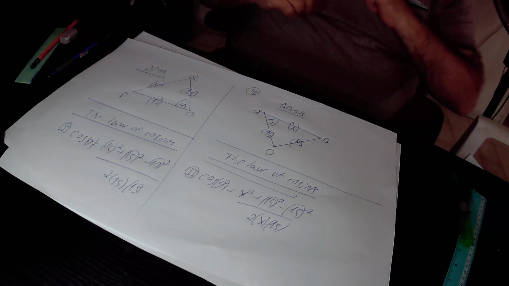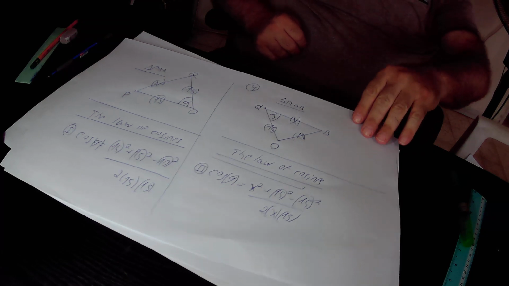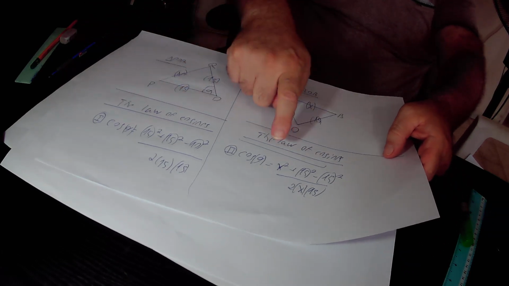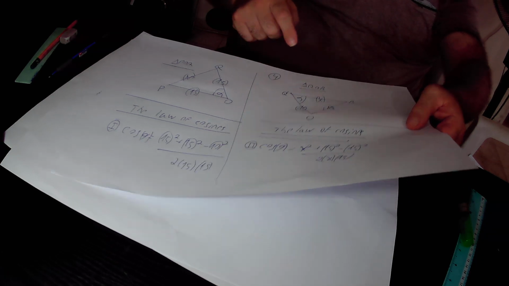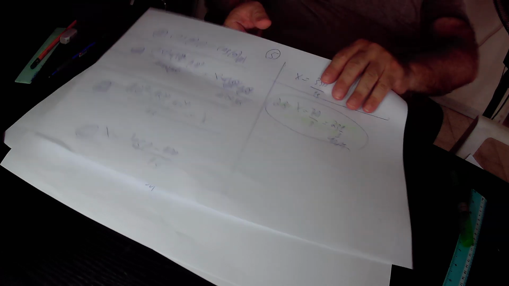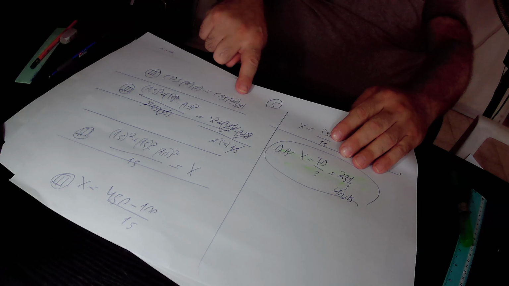So we have two different equations for cosine alpha. Therefore, we created equation 3, which states that cosine alpha according to equation 1 must be equal to cosine alpha according to equation 2.